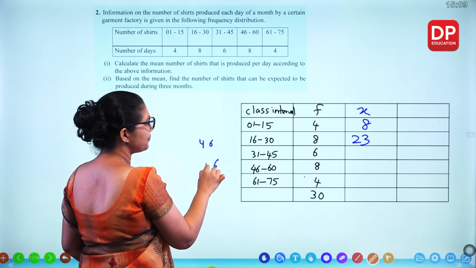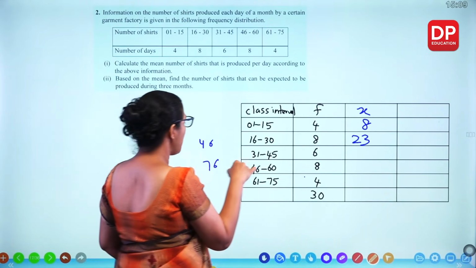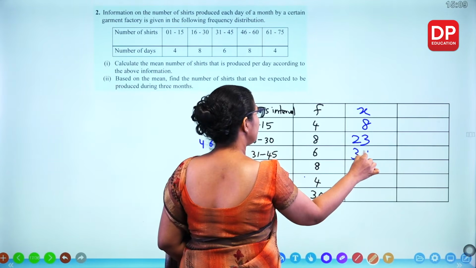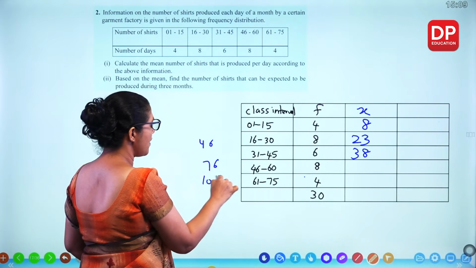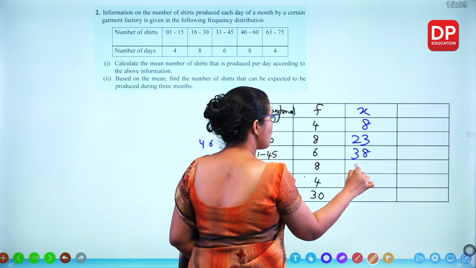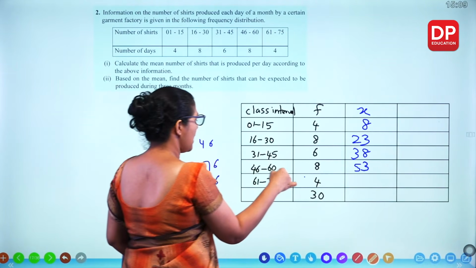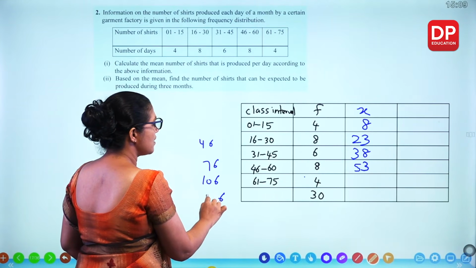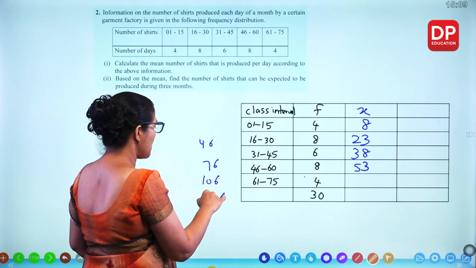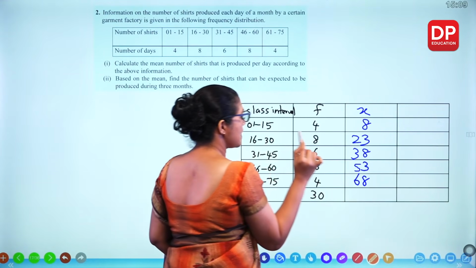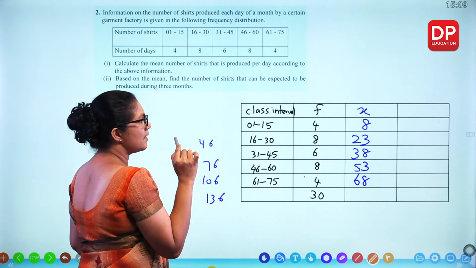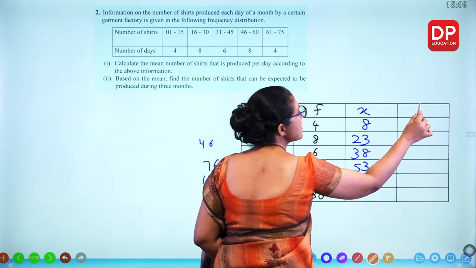This one, 76 divided by 2, 38. This one, 106 divided by 2, 53. And last one, 136 divided by 2, 68. That's the mid value. Then what's the next step?